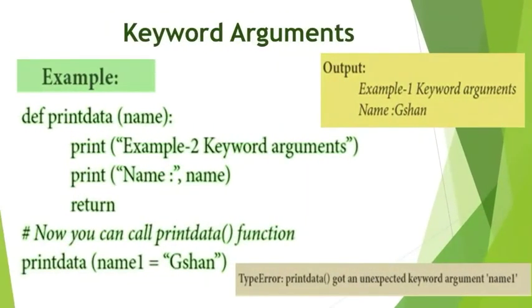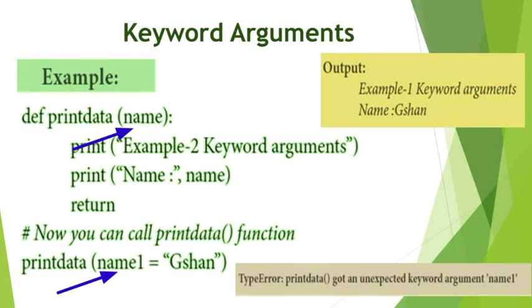See another example. The same code is given again, but in the calling function name1 is equal to Sean is given. Okay, the parameter name is what? Name, but in the function call within print data, name1 is given.